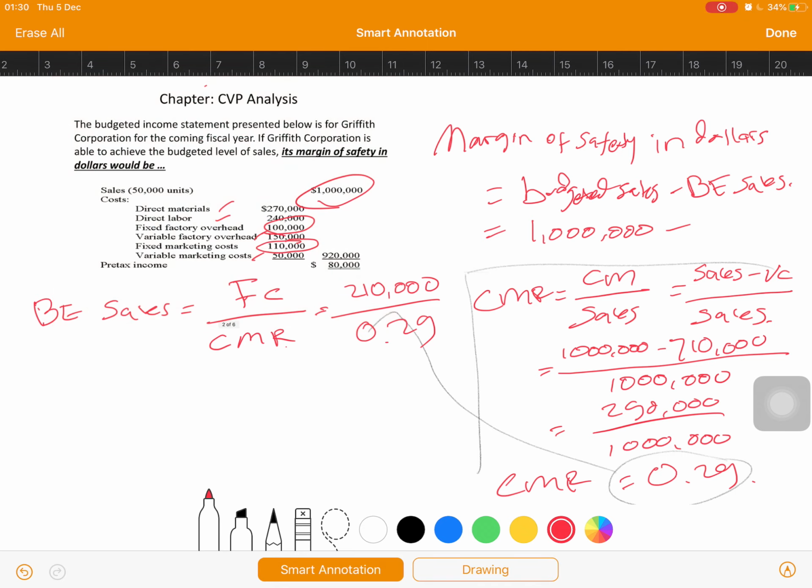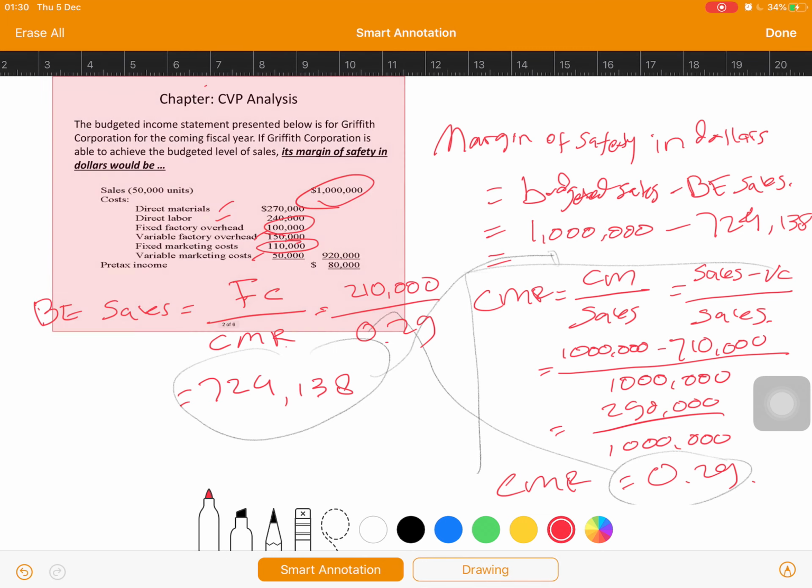So break-even sales is 210,000 divided by 0.29. Okay, it is 724,138. So you move this number into this, and you write here 724,138.